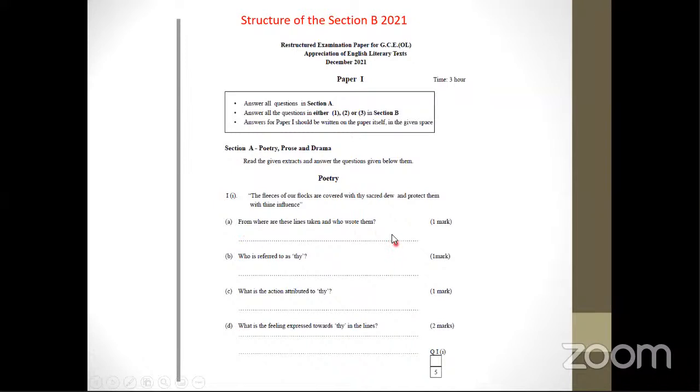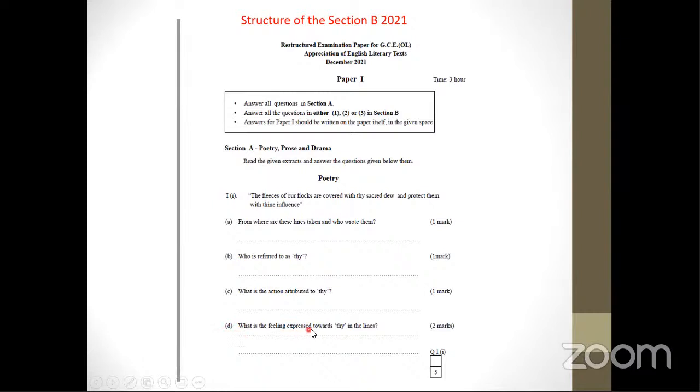You see the lines given. Who is referred to as thy? Usually, as in previous years, A is from where these lines are taken and who wrote them. B, who is referred to as thy. C, what is the action attributed to thy.